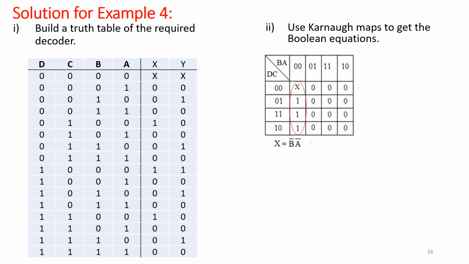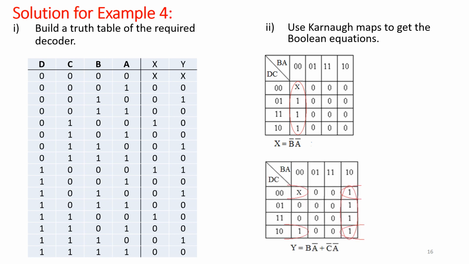It's because both B and A here are 0. And also Y equals B A bar plus C bar A bar. So group of 4, you can see 4 adjacent groups. 1, 2, 3, 4, and another one right here.